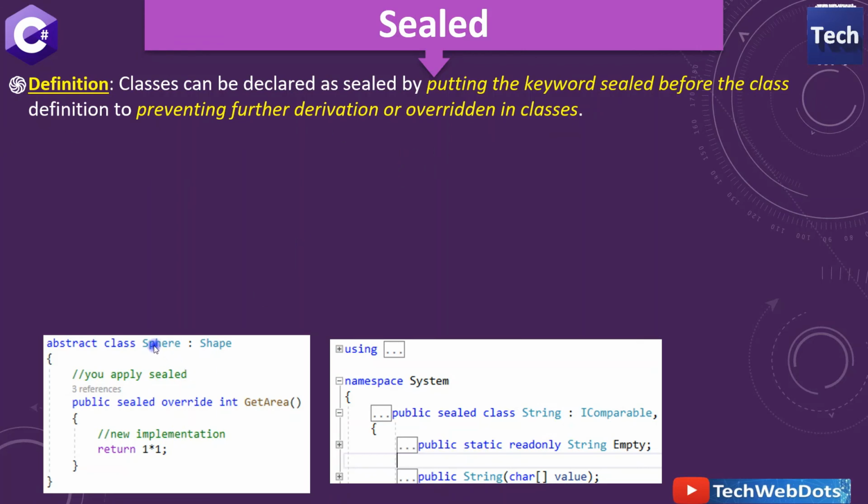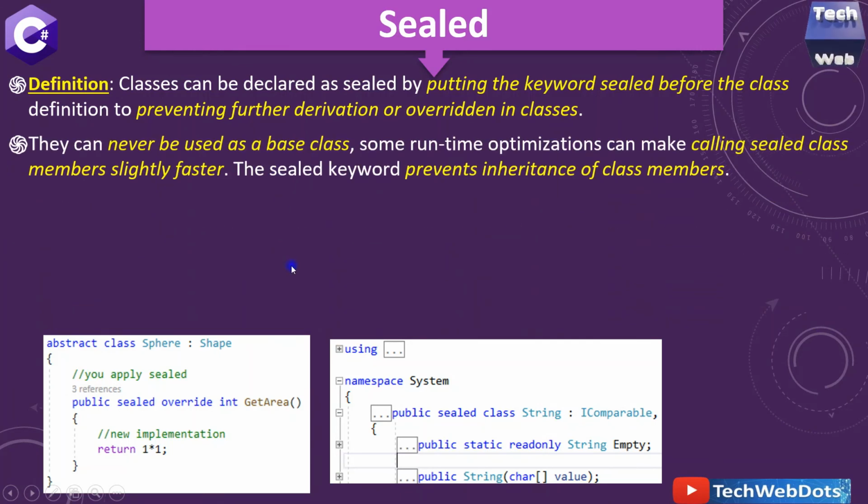So you can see in this example, sphere is my class and we are implementing shape class, and the moment we apply sealed, no one can override this getArea method further from sphere class. Okay, so that's the power of sealed. And on the right hand side, I take an example of an existing framework in C#. You can see IComparable is implemented by string and it is a sealed class. Okay, so we cannot modify anything in this class.